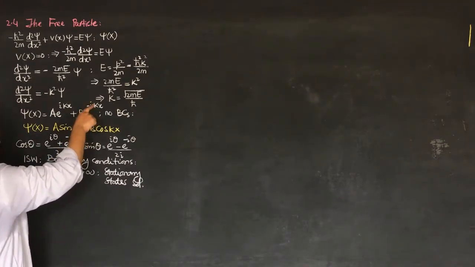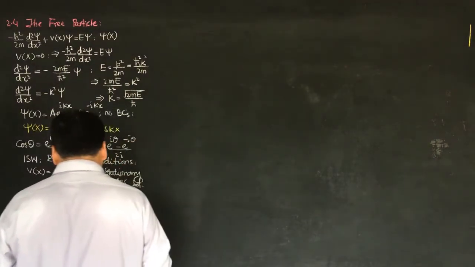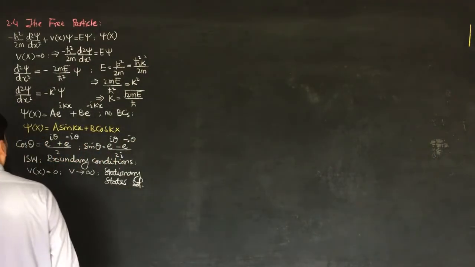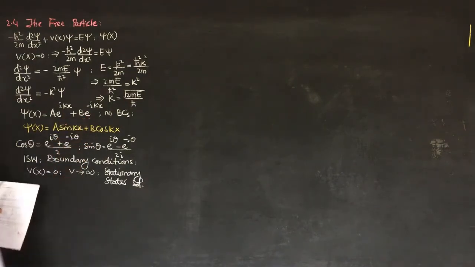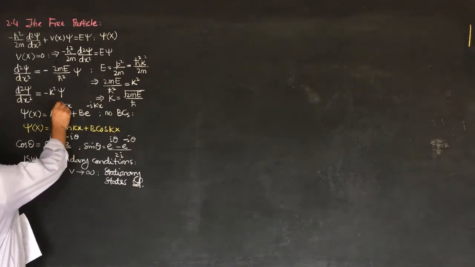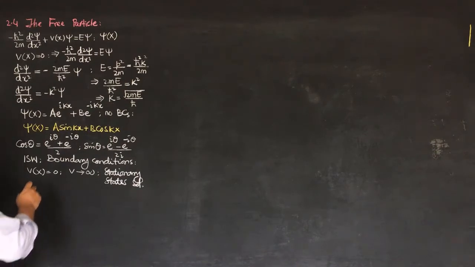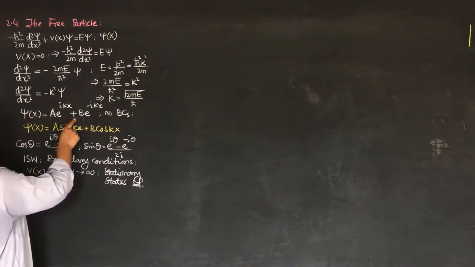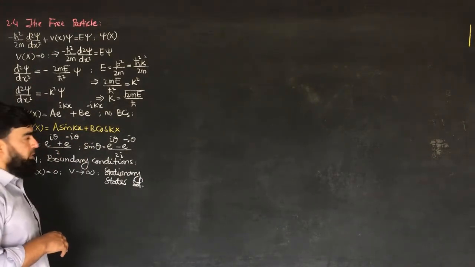So we will have to write it in exponential form, and this way this particle will give us the moving particle, meaning a freely moving particle. Our particle is having no restriction in the space. It is free to move in the space.